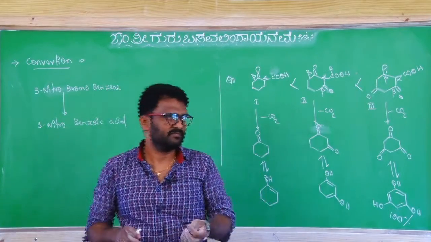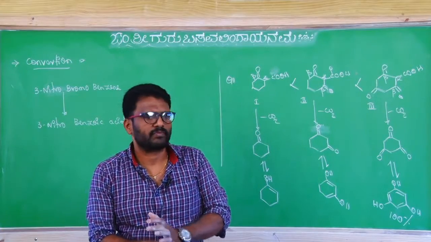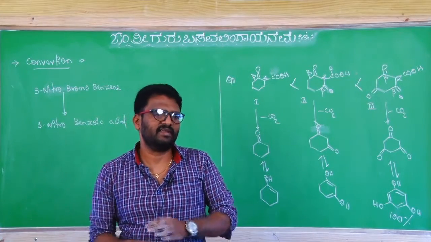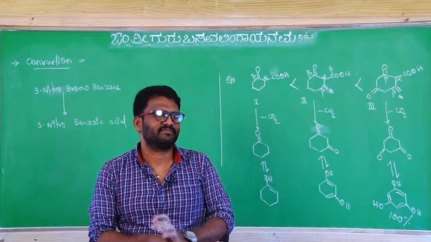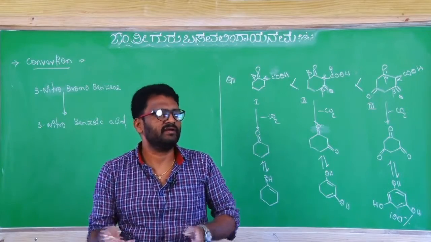How will you convert 3-nitrobromobenzene into 3-nitrobenzoic acid? Just Grignard reagent, carbon dioxide followed by hydrolysis.